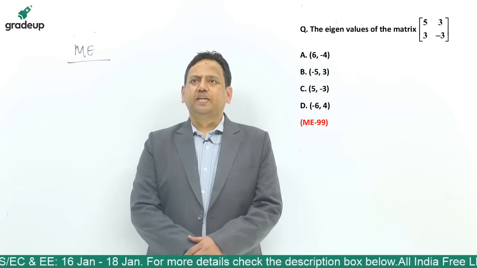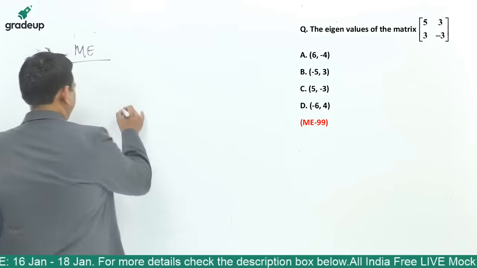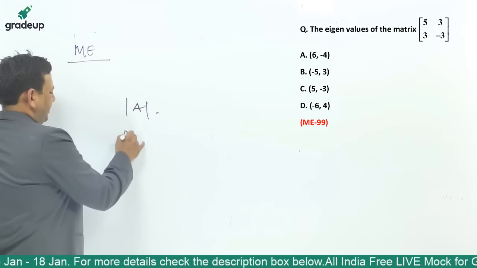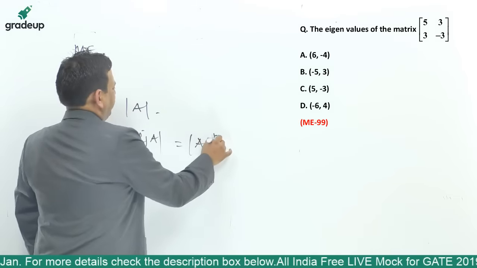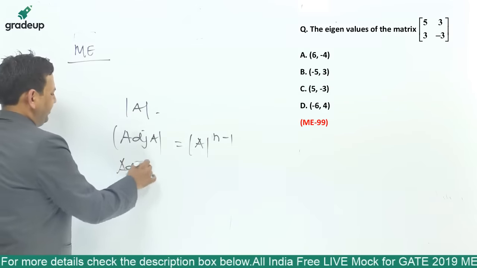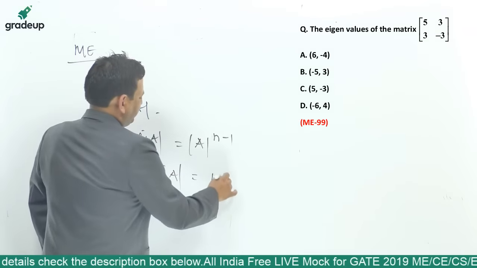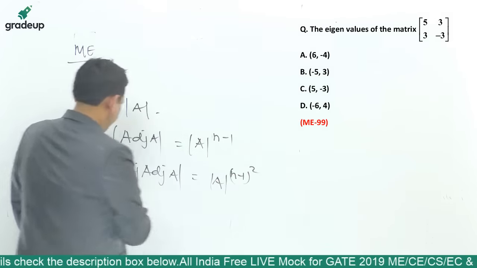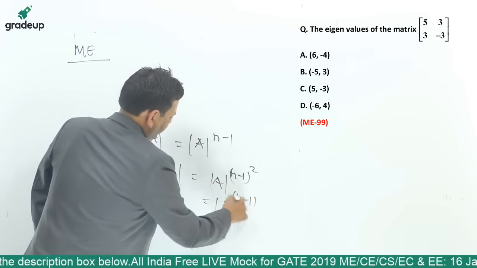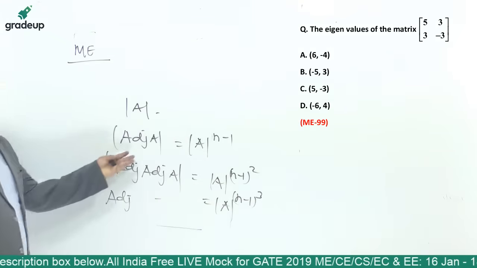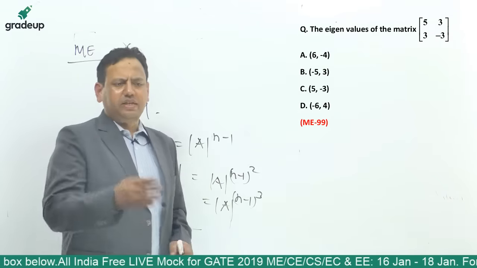No sir, find the determinant of adjoint of adjoint of adjoint. Determinant of adjoint A is determinant A raised to power n minus 1. Adjoint of adjoint is A raised to power n minus 1 squared, then adjoint of A is A raised to power n minus 1 cubed. However many times adjoint is written, you write that power. That is a property of the determinant. Mechanical A, yes, correct.